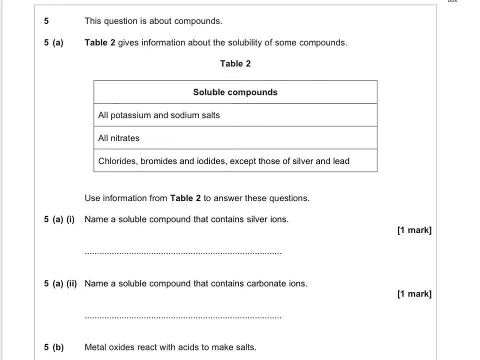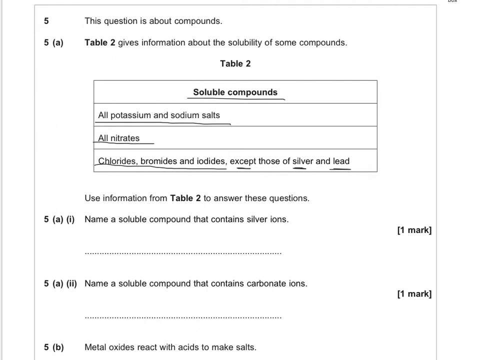Question 5. This question is about compounds. Table 2 gives information about the solubility of some compounds. Okay, so we've got soluble compounds here. All potassium and sodium salts are soluble. All nitrates are soluble. Chlorides, bromides and iodides, except silver and lead, are soluble.